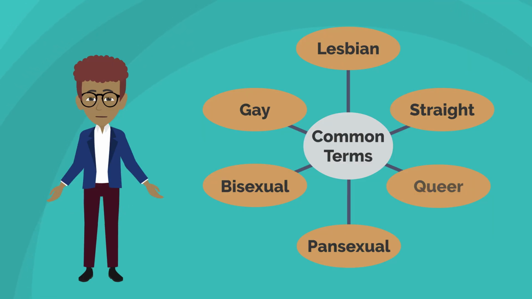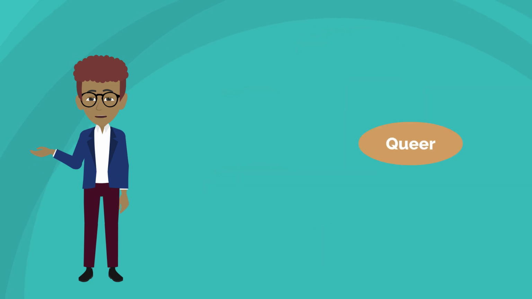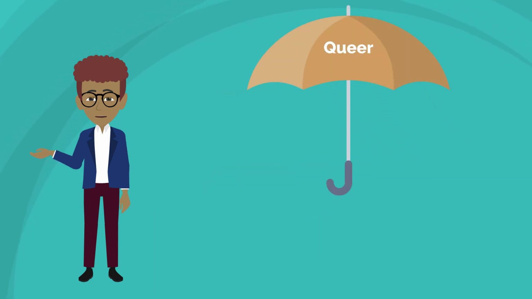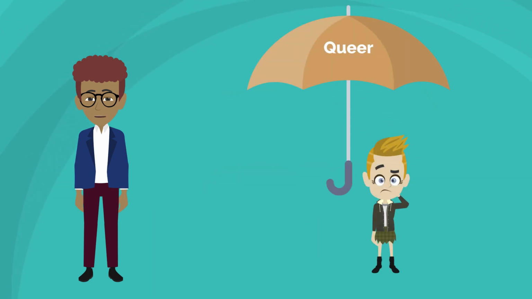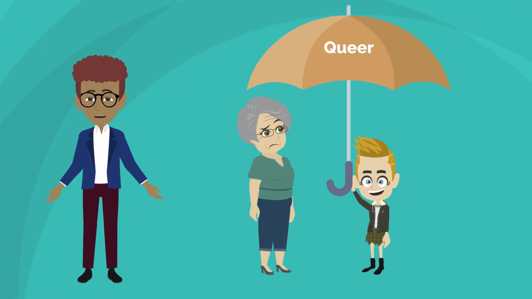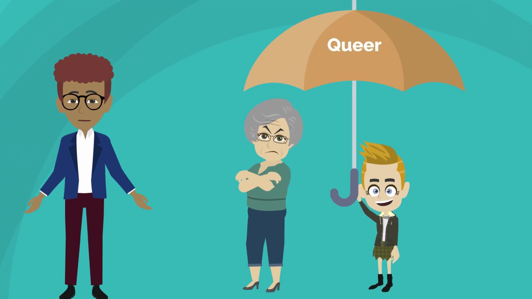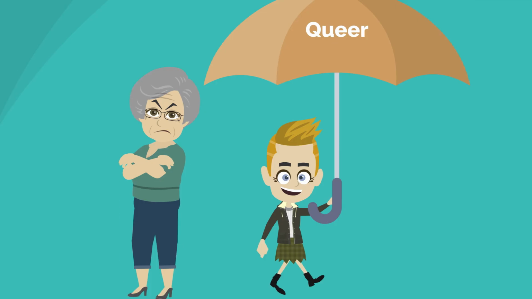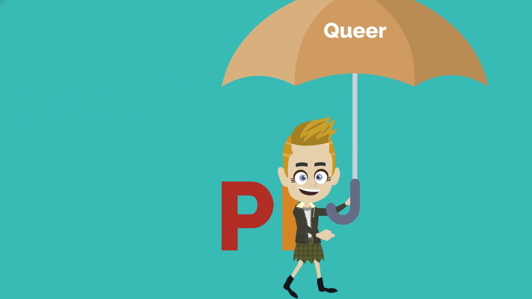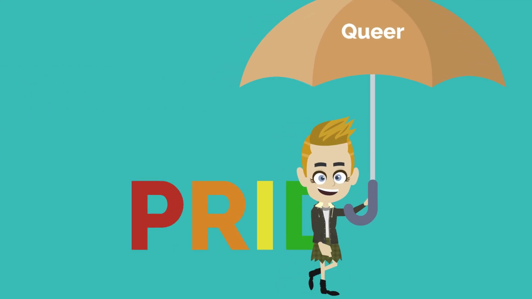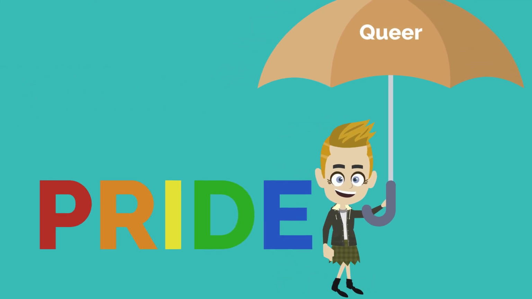You might have also heard the term queer. Queer is used as an umbrella term that can only be defined by the individual using it. The term continues to be hurtful to some people, especially older populations who experience this term as a slur. However, some people use this term as a source of pride and a symbol of determination.